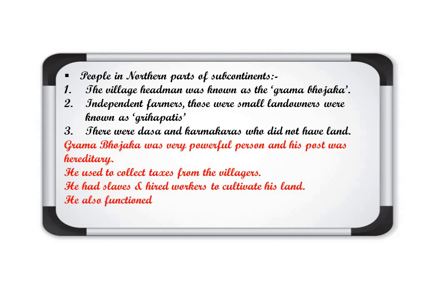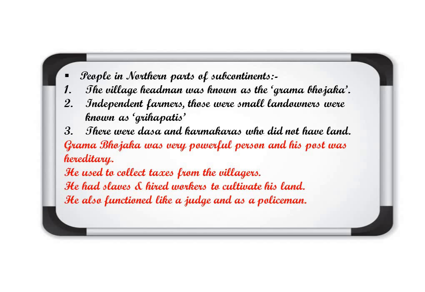Number 3, he also functioned like a judge and a policeman. As he was the powerful person of the village, he was taking decisions on different issues, and he was even working as a policeman because he was giving punishment to the people also.